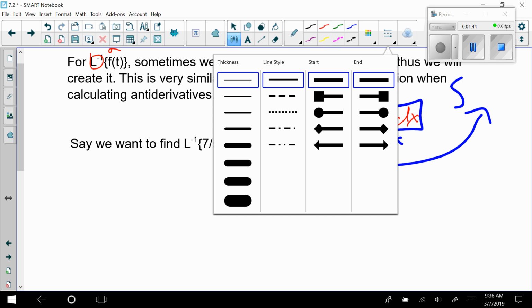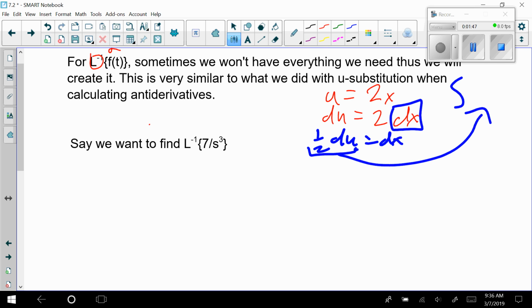Now I want to attempt to tackle our very first one. We want to find the inverse Laplace transform of 7 over s cubed. So I'm really looking at 7 over s to the third. Here, we'd want to think about what I know.